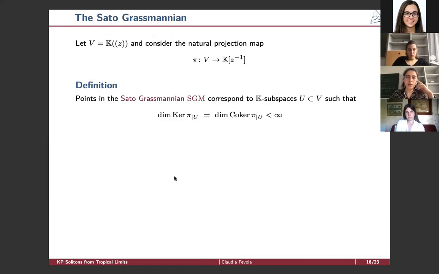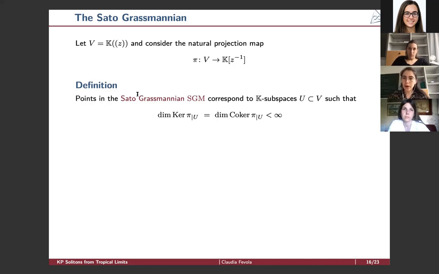The Sato Grassmannian is basically like an infinite version of the Grassmannian. To describe it, we need to take V to be the field of formal Laurent series. And we consider the projection pi that takes a Laurent series and brings it into its principal part.